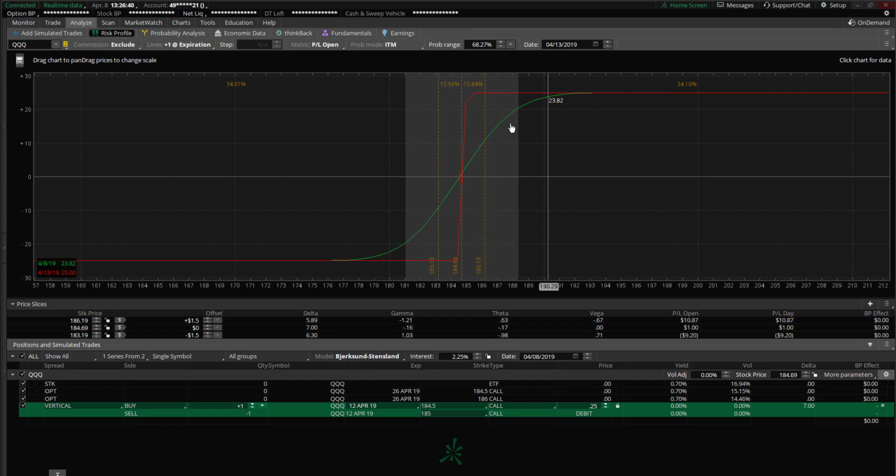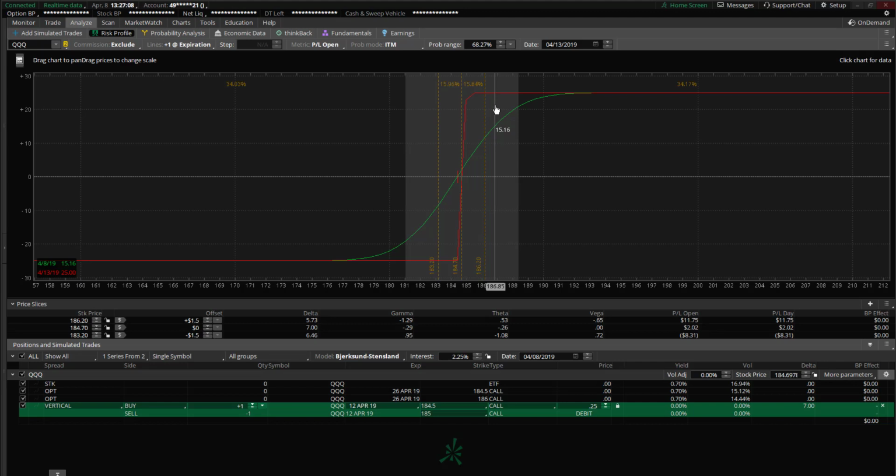This red line in no way is a representation of what you could make in a debit trade unless you're going to hold it all the way to expiration, which I do not recommend anybody do unless you have a very clear understanding of assignment and risk.